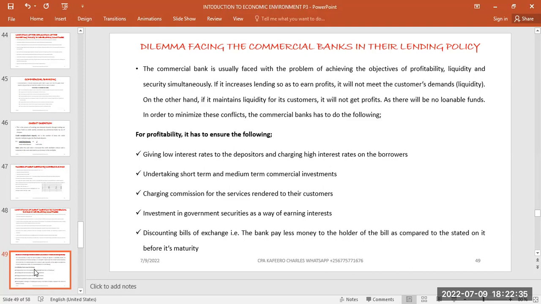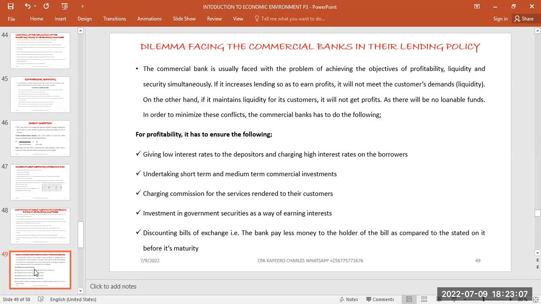And this is where the characteristics of banking financial intermediaries come in, whereby they give less interest to depositors. They are giving less interest, but they are charging high interest rates on borrowers. People who are borrowing, you charge them highly, but those who are depositing, you pay them less interest. This is the only way they can get the profitability.